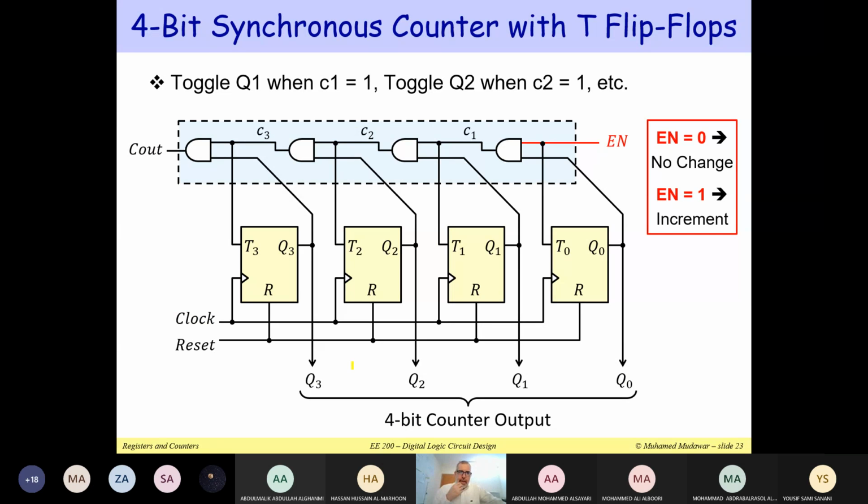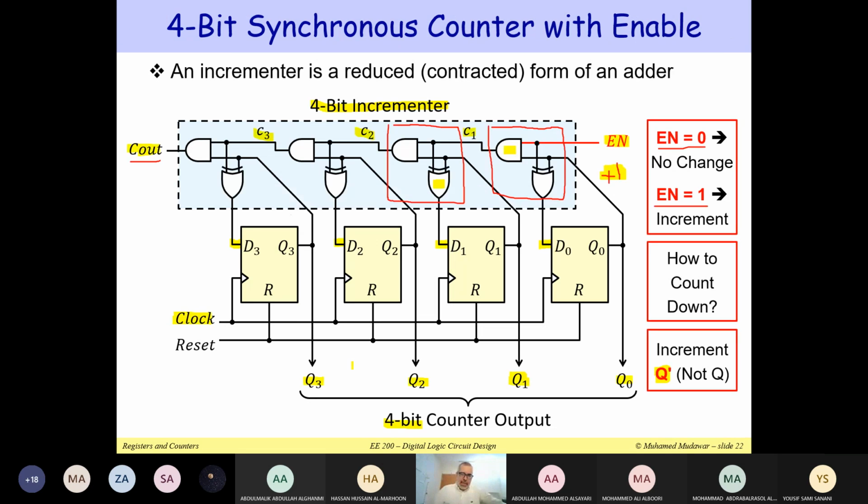Right. So notice that here, this is another implementation of a 4-bit synchronous counter with D flip-flops. So I change here my D flip-flops. Let me clean up everything now. Notice that I use a 4-bit incrementer here, and I use D flip-flops, D type.